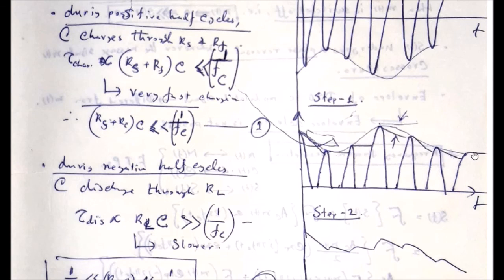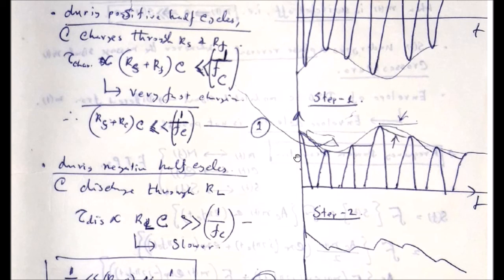Now if the frequency of the carrier signal is very large, then the peaks of the sinusoidal waveform will be very dense. Then the voltage across the capacitor almost touches the tip of each of those peaks, and that's why it follows the envelope.